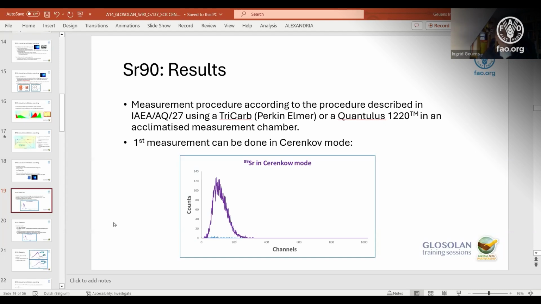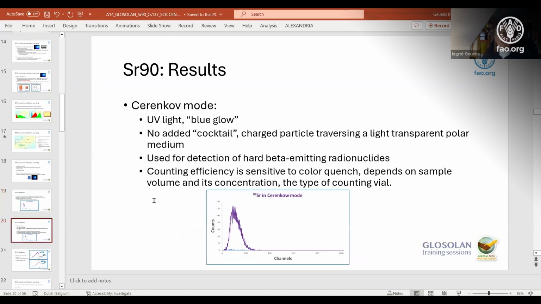When strontium-89 is present, we first measure strontium-89 in the so-called Cerenkov mode. You can see an example there. The channel is related to the electron volts, and the counts are related to the intensity of the strontium-89. What is in fact a Cerenkov method? In Cerenkov mode we don't add any cocktail, because the hard beta emitter can emit a blue glow itself.